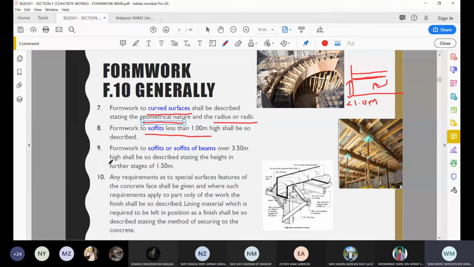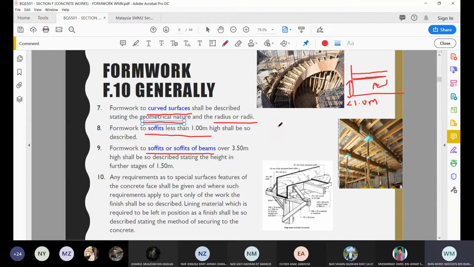Okay. Number 9. Formwork to soffit or soffit of beams over 3.5 meter high shall be so described stating the height in further stages of 1.5 meter. Ni situasi kalau kita buat soffit, okay, or soffit of beam, okay, atau any kind of soffit lah, slab soffit ke ataupun soffit of beam.